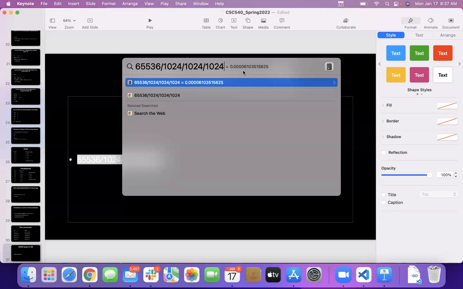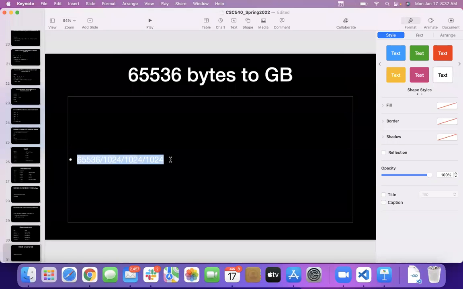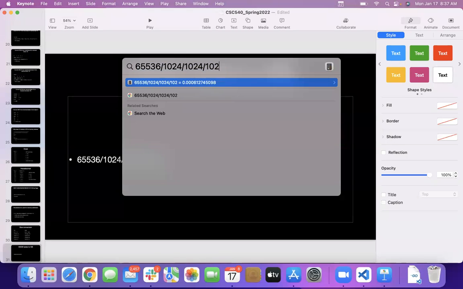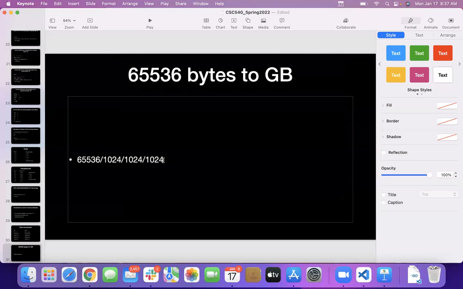So that is 0.00006. Maybe we should go to just megabytes. 0.0625.